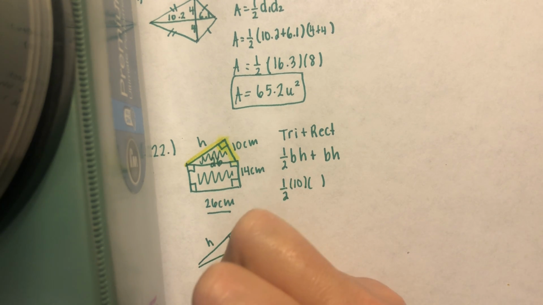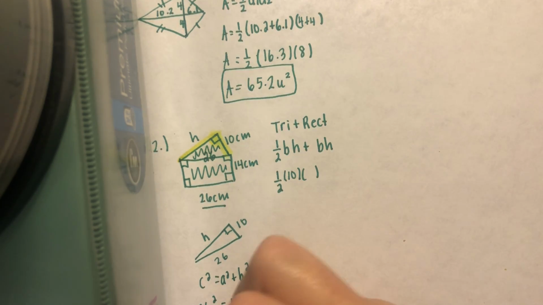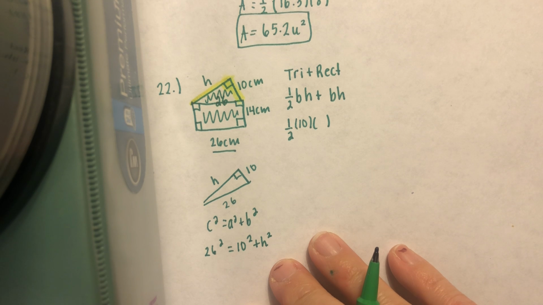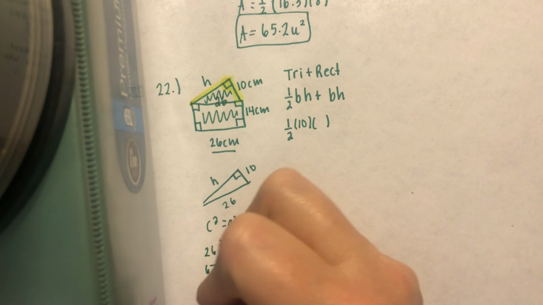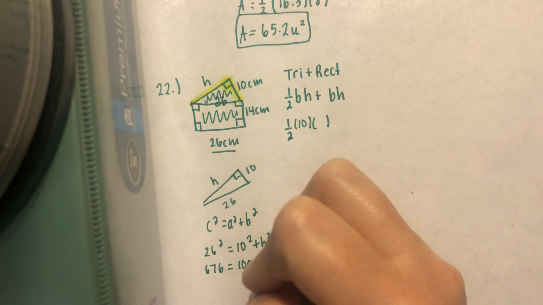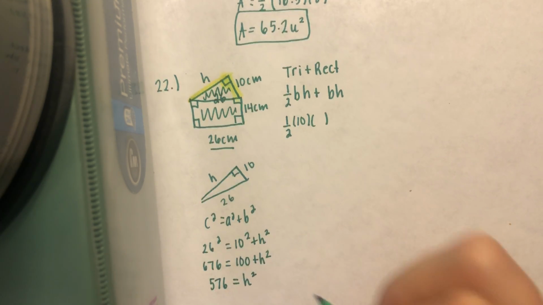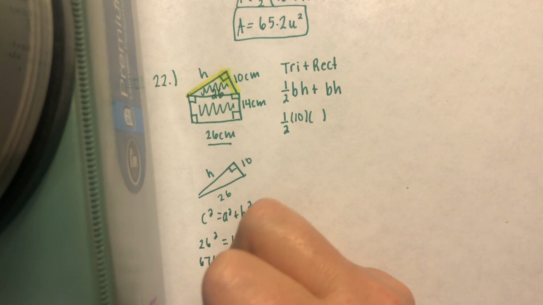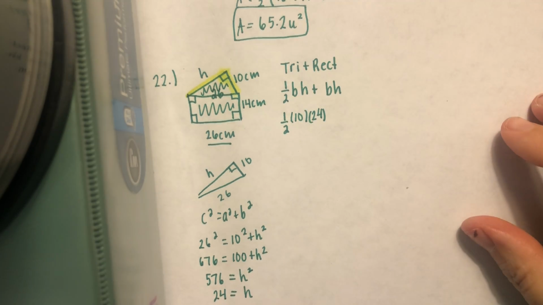So 26 squared is 10 squared plus H squared. Okay, and then you can crank that out. So we've got 676 equals 100 plus H squared. We get 576 equals H squared. Square root both sides, and H is 24. So that right there should have been a 24.